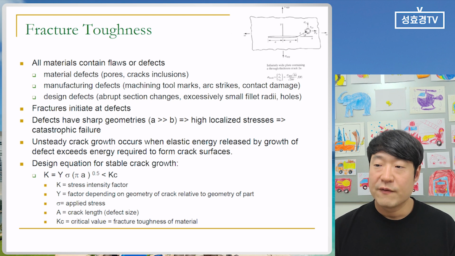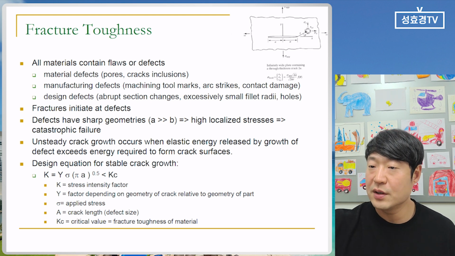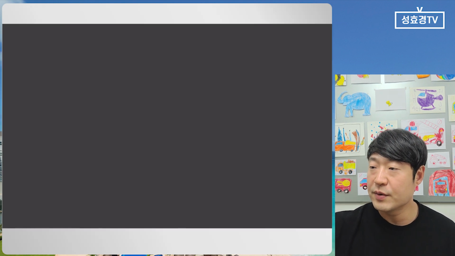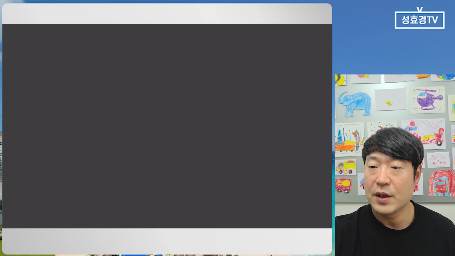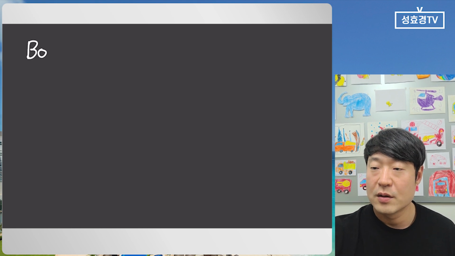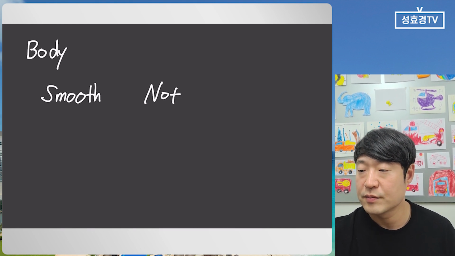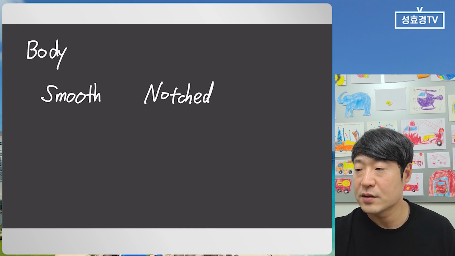And also the fracture toughness is a very important part. So today, before I go to the fracture toughness, I will explain the types of the body. There are 3 types of body: smooth body, notched, and cracked.